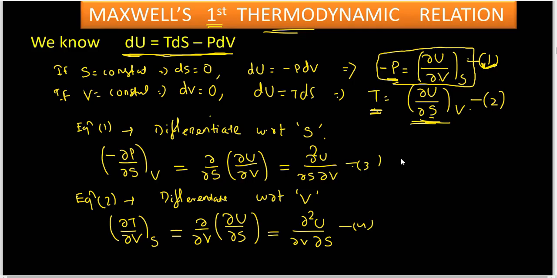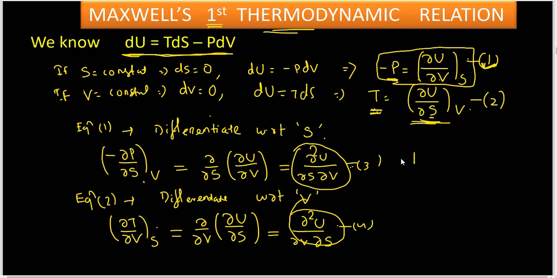तो इक्वेशन 3 और 4 में राइट साइड पर इक्वल होता है. ये जो ∂²U/∂S∂V and ∂²U/∂V∂S both are same. If RHS part is same, so LHS part will be same.